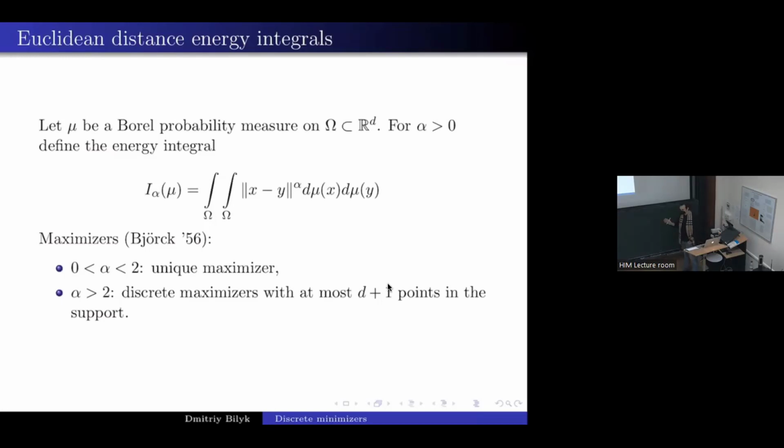For example, if you take any compact domain in R^d, where I'm using d as the dimension, and you take the energy integral with distance to some positive power alpha, then there is a certain dichotomy. When alpha is less than 2, you have a unique minimizer. The way he proved it, I think he used Riesz transforms. And when alpha is greater than 2, you have discrete minimizers with at most d+1 points, and they have to be the extreme points of your domain.